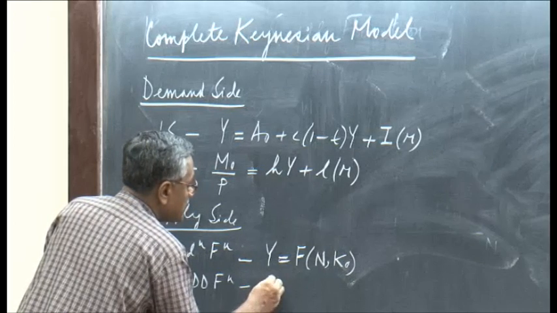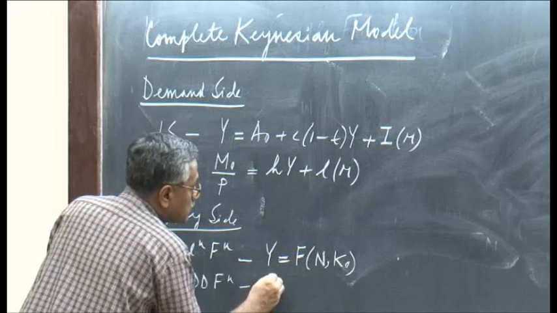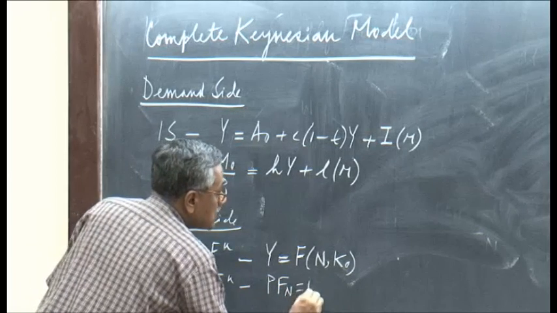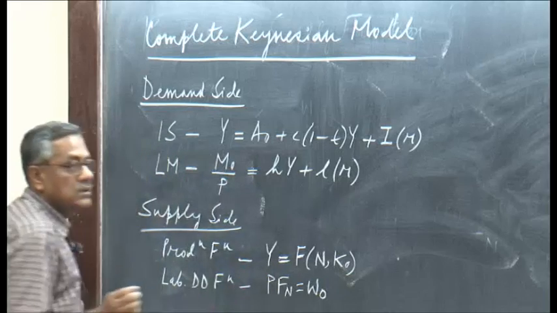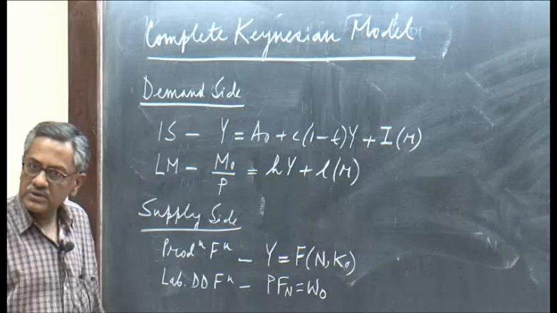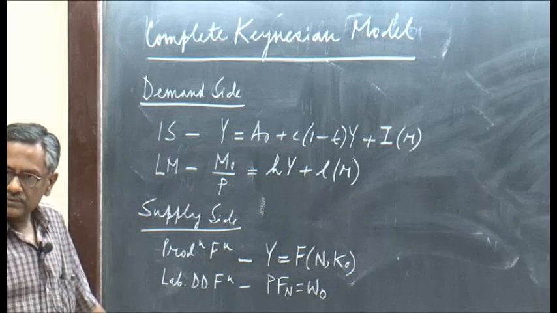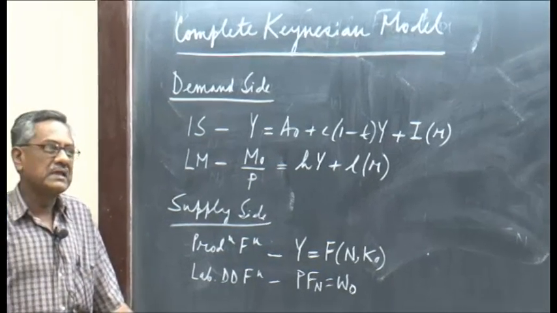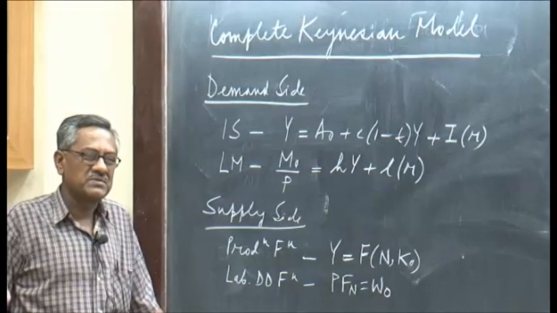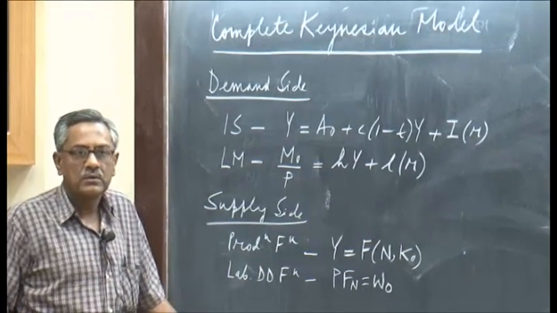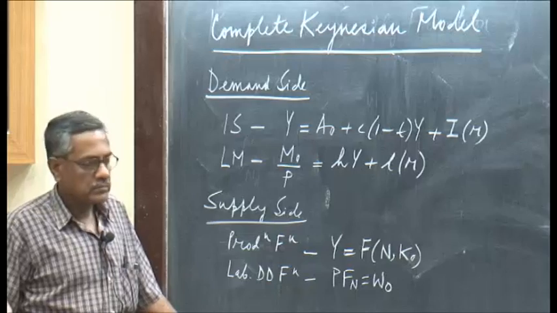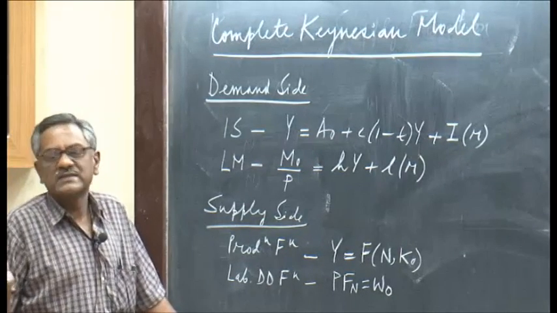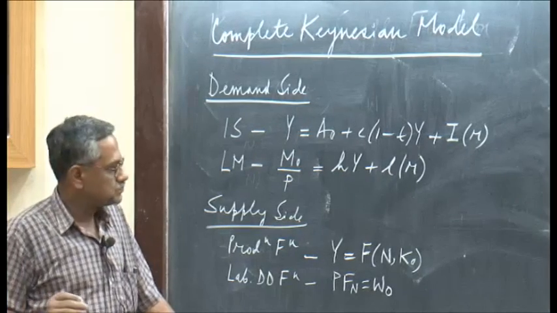What will be the labor demand function? It will be P Fn is equal to W naught. I said two equations are sufficient to consider. The other ones can go through substitution, and the labor supply function is redundant in some sense. It tells you only the number of people available for work. But with surplus labor, all are not hired. So, there are some unemployed people in the country.